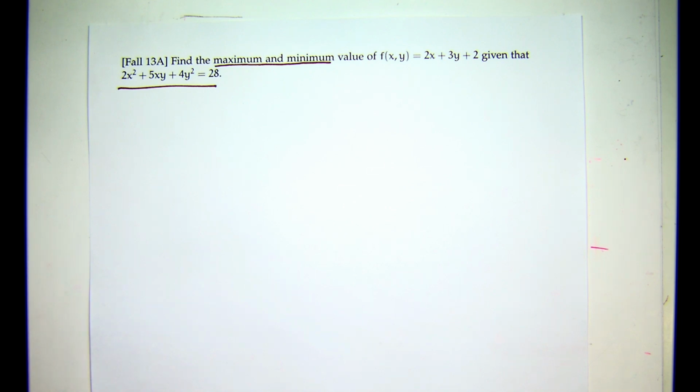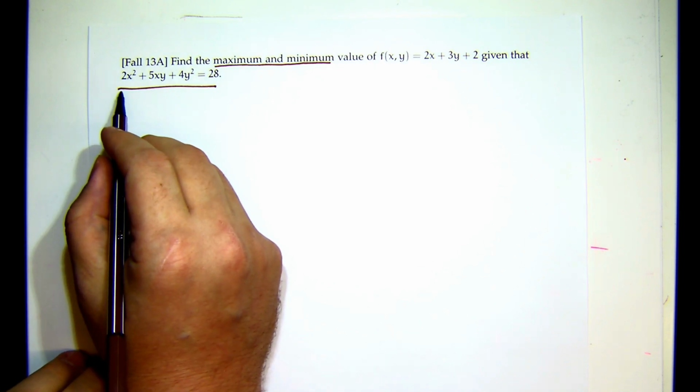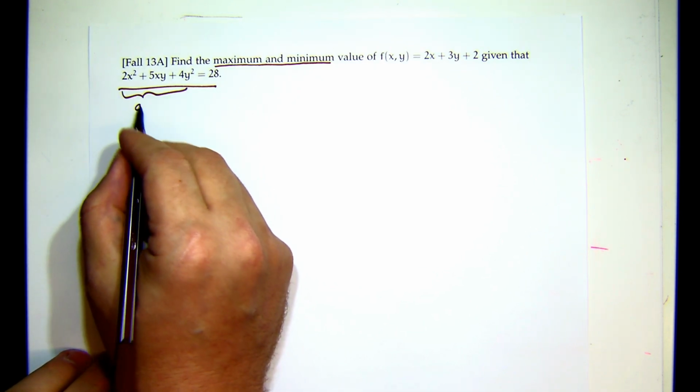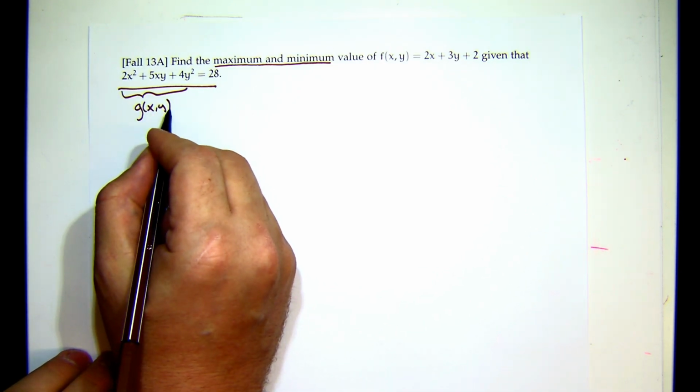Now, sometimes the clues are a little bit more explicit. For example, it might say, use Lagrange multiplier to ... If you see that, do that. If you don't see that, well, sometimes you have to extract the information. Okay, so this 2x squared plus 5xy plus 4y squared, that's g of x, y.